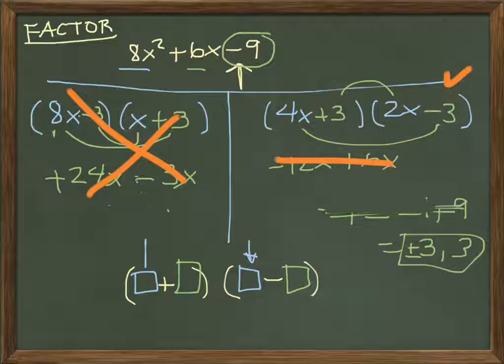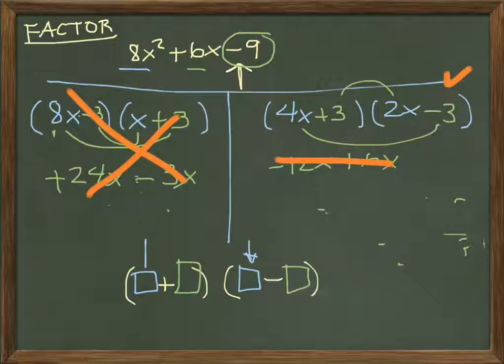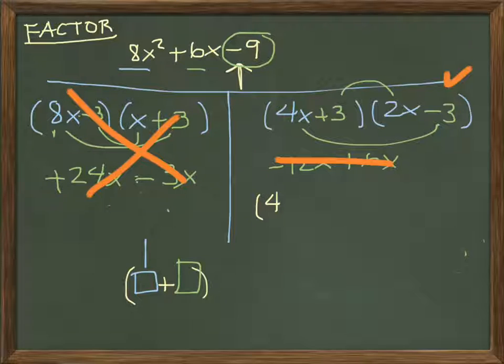So let's do the last one. Of course, I left the correct answer for my last try. The correct answer is going to be 4x minus 3 times 2x plus 3.